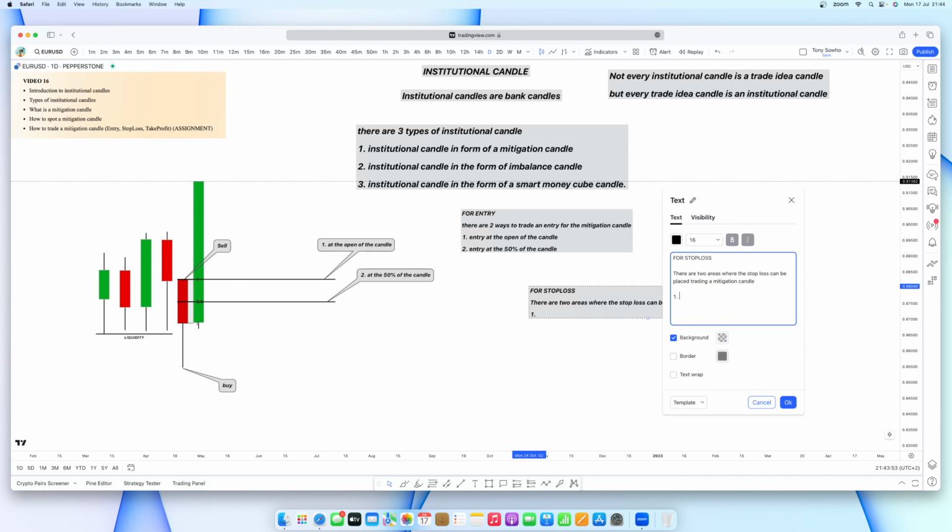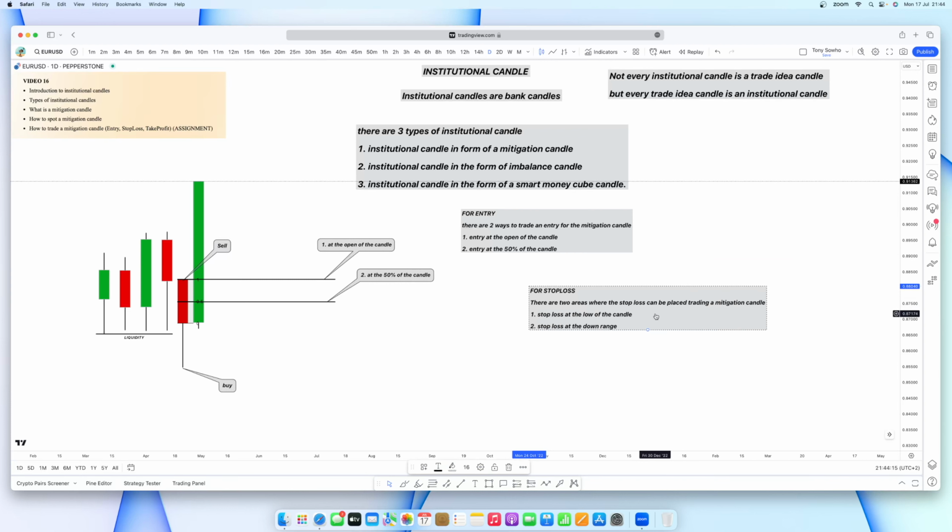Number one, stop loss at the low of the candle. Number two, stop loss at the down range. That's the stop loss.